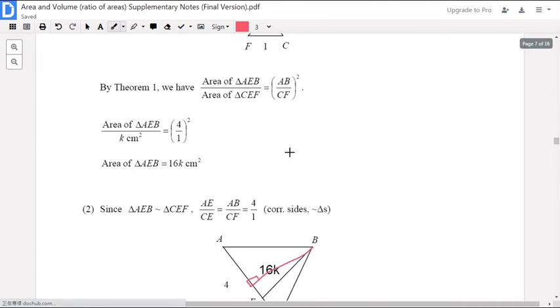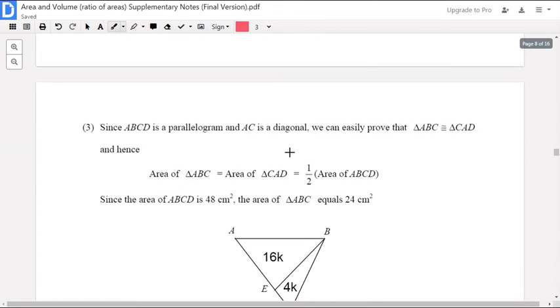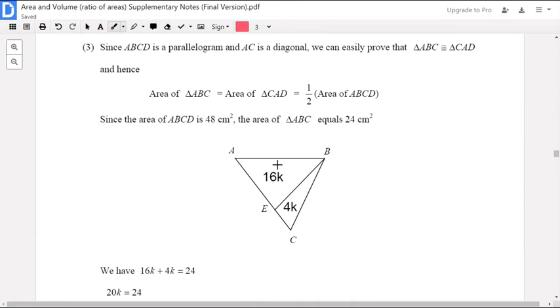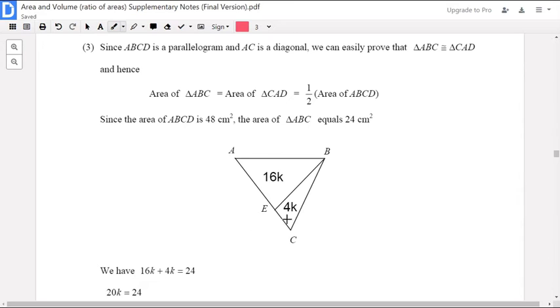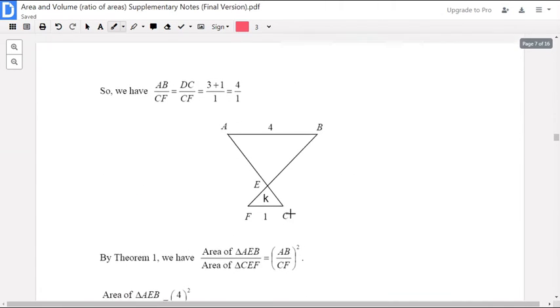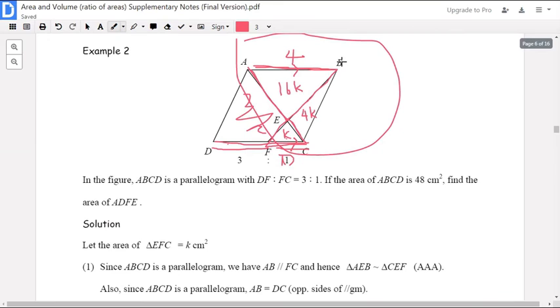Now, we have the figure ABC. The area of ABC is totally 20K, right? But note that the area of triangle ABC is actually half of the area of the whole parallelogram ABCD, 48.